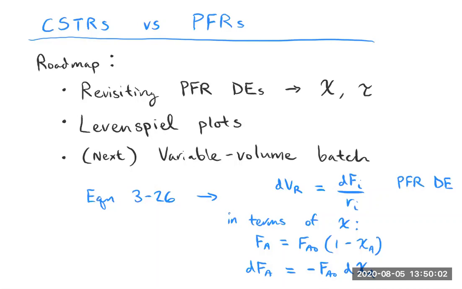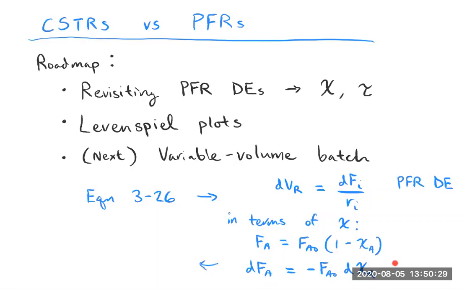So imagine that this is what's happening in a differential slice of your PFR. This is the change in molar flow rate within that slice, and this is how that depends on conversion. Okay, so if we want to make this substitution, just to stay on the same page, I'll go ahead and work over here.